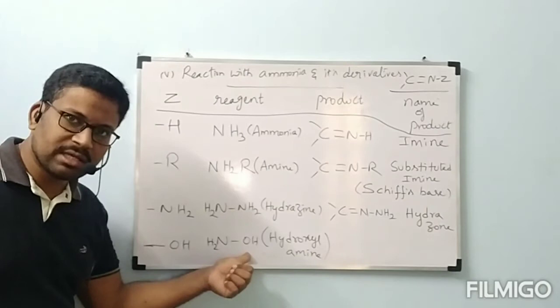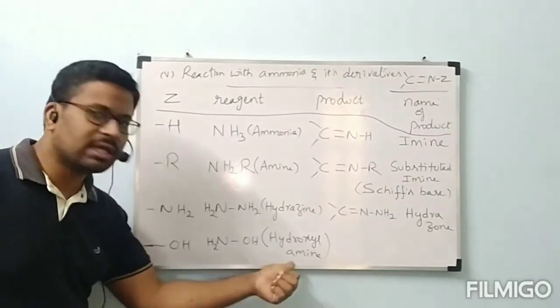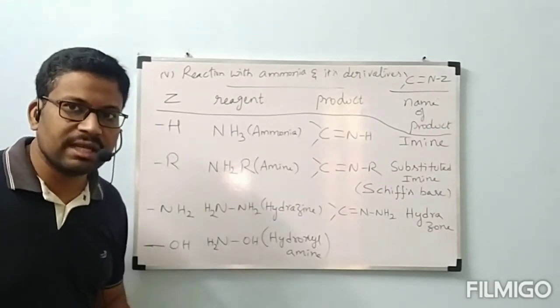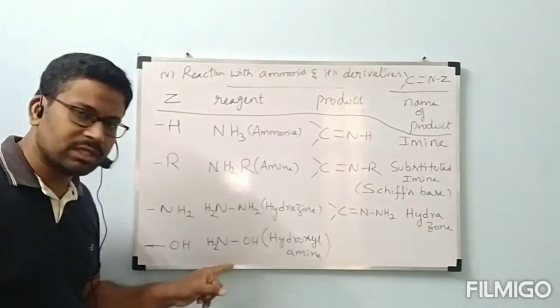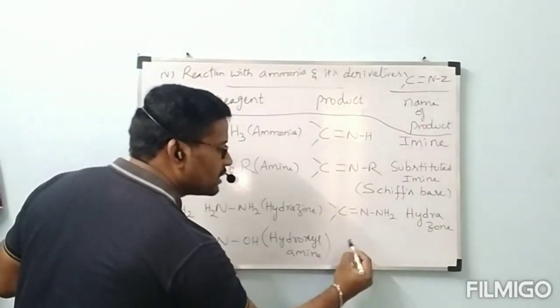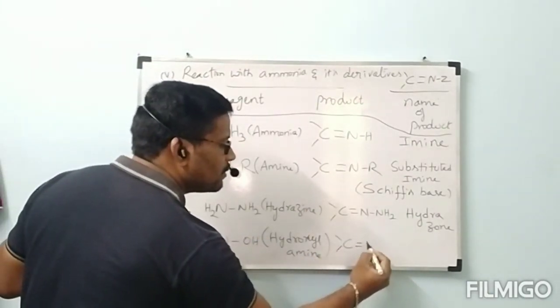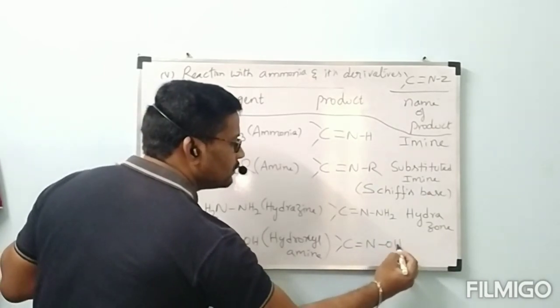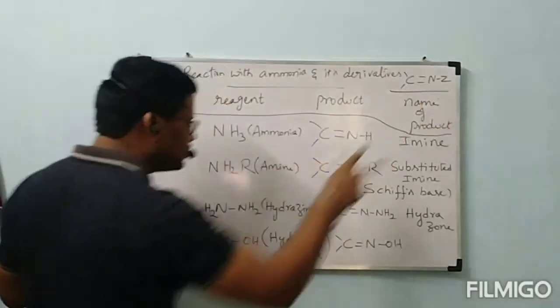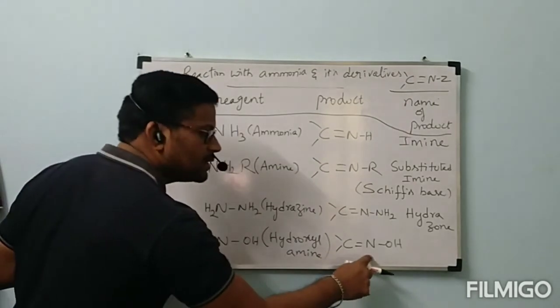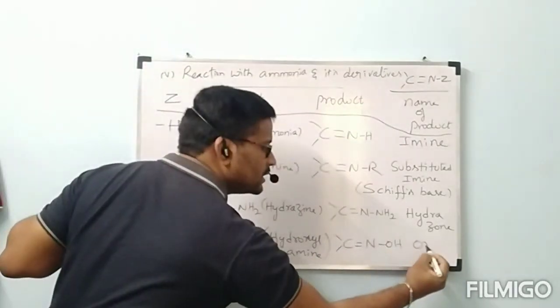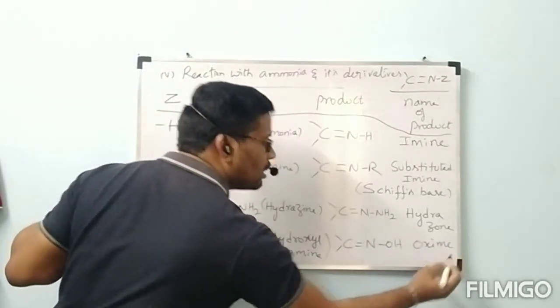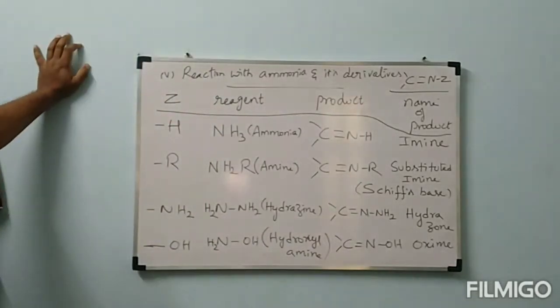Hydroxyl group OH is there and NH2 group is there. Both are present. That is NH2OH. Now, what is the product formed? C double bond NOH. What is the Z group? OH. So simply C double bond NOH. Name of this compound is oxime.